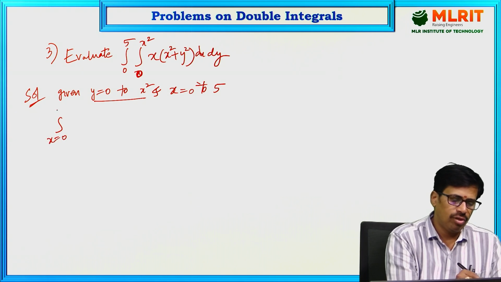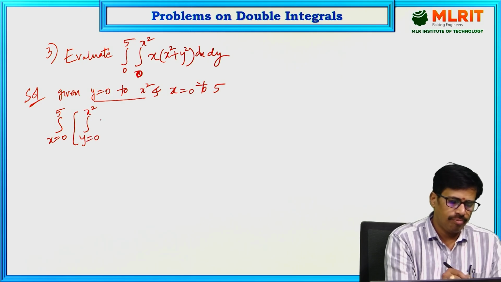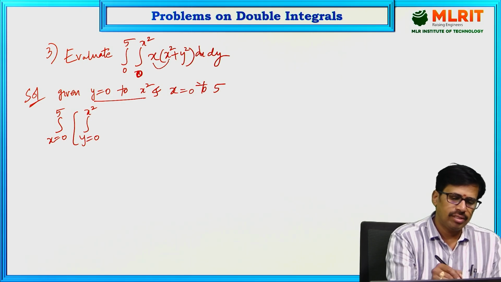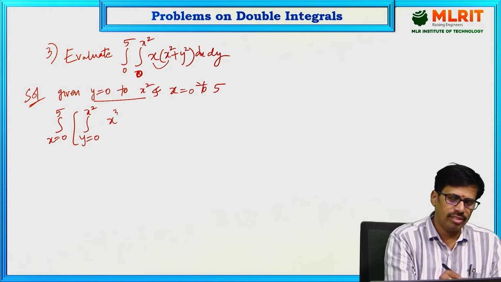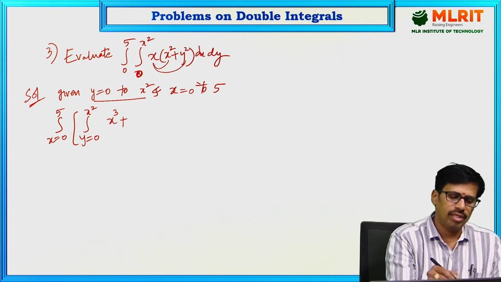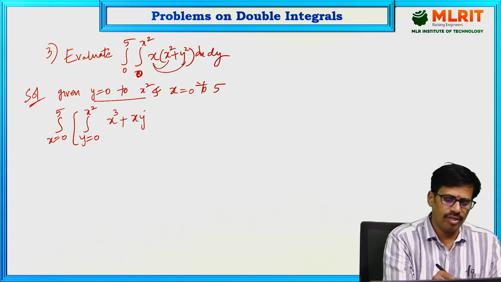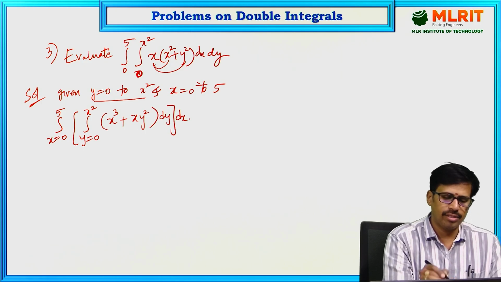So x equal to 0 to 5, y equal to 0 to x square, multiply this x into x square, that is x cube, plus x into y square, that is xy square, dy then dx.